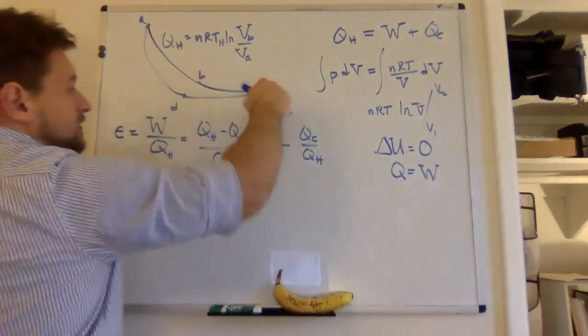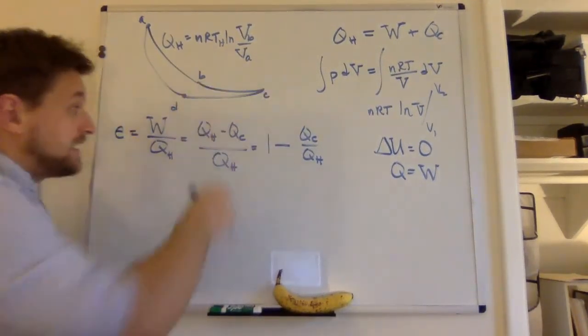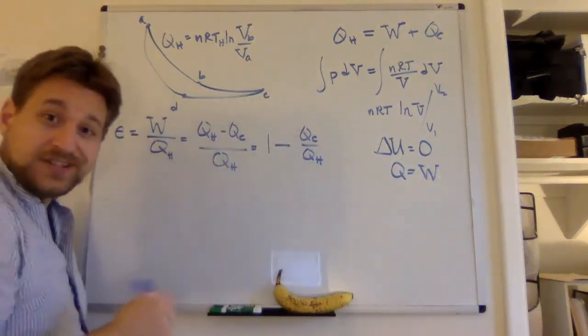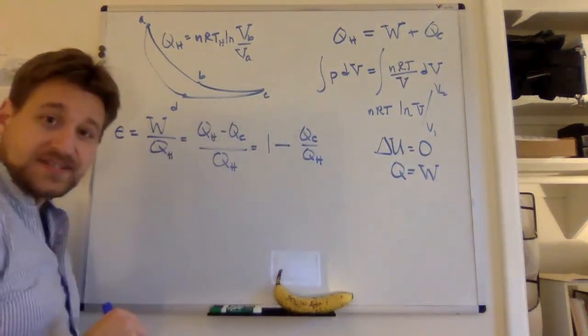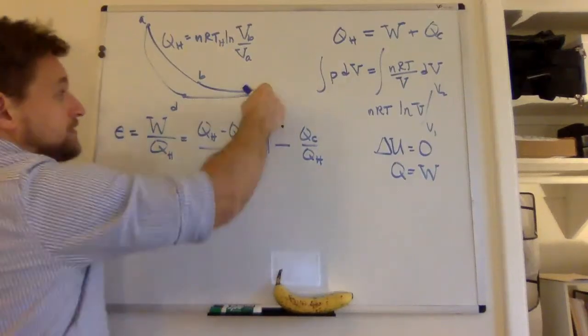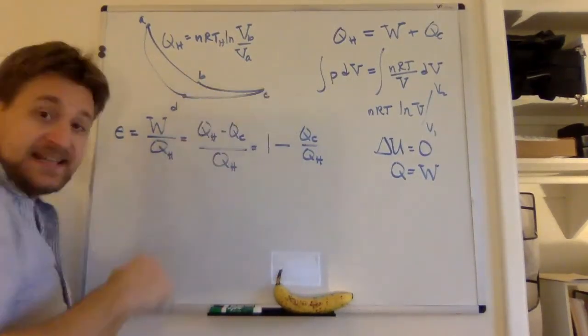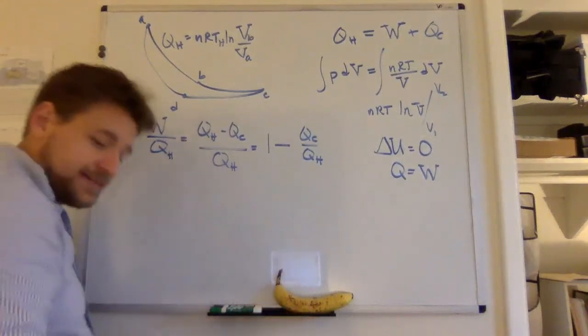The isothermal compression would get us QC so that we could finish the calculation of efficiency. We need to know what that third volume is, the volume at point C, and it depends on the fact that this process B to C is adiabatic.